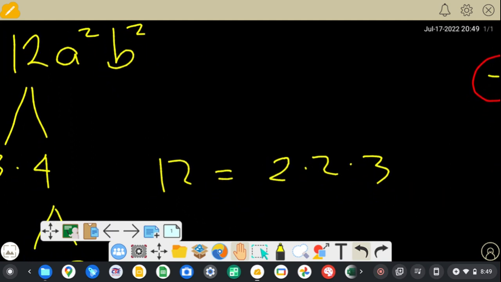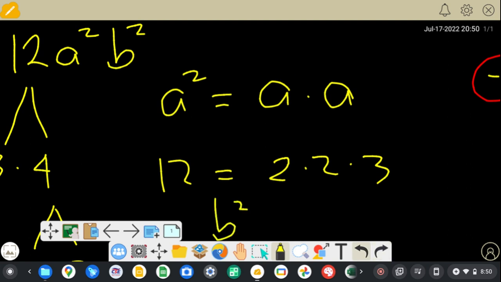So if we have this a squared, we can write it as the product of a times a. Notice that each has only an exponent of 1. How about b squared? We have b times b, right? A variable should have an exponent of 1.